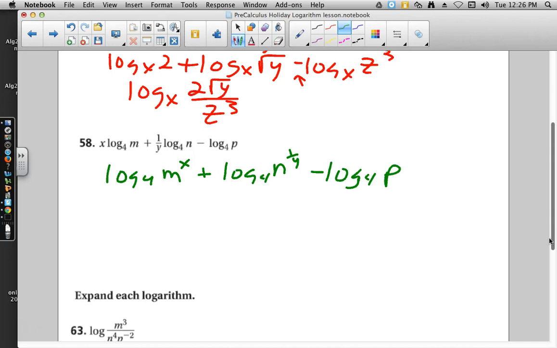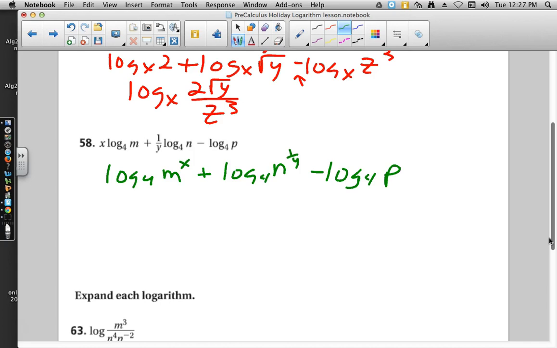Now, interesting situation here is that n to the 1 over y. So I think, well, what is 1 over y? Well, that's y to the negative 1, and there's a whole lot of ways that we could deal with that. What I'm going to do, though, is think, okay, this came with the fraction that we had.